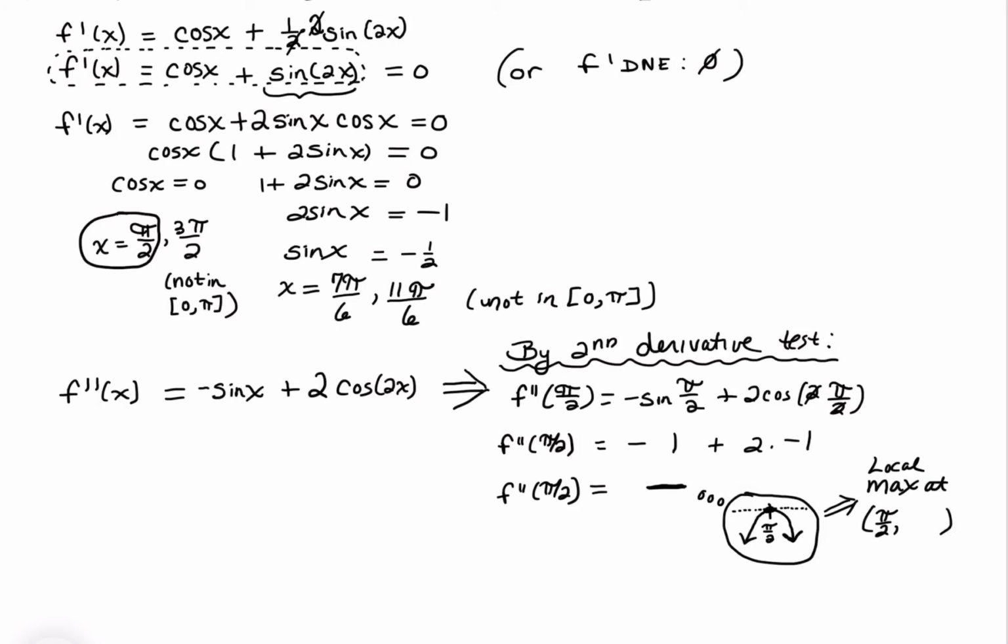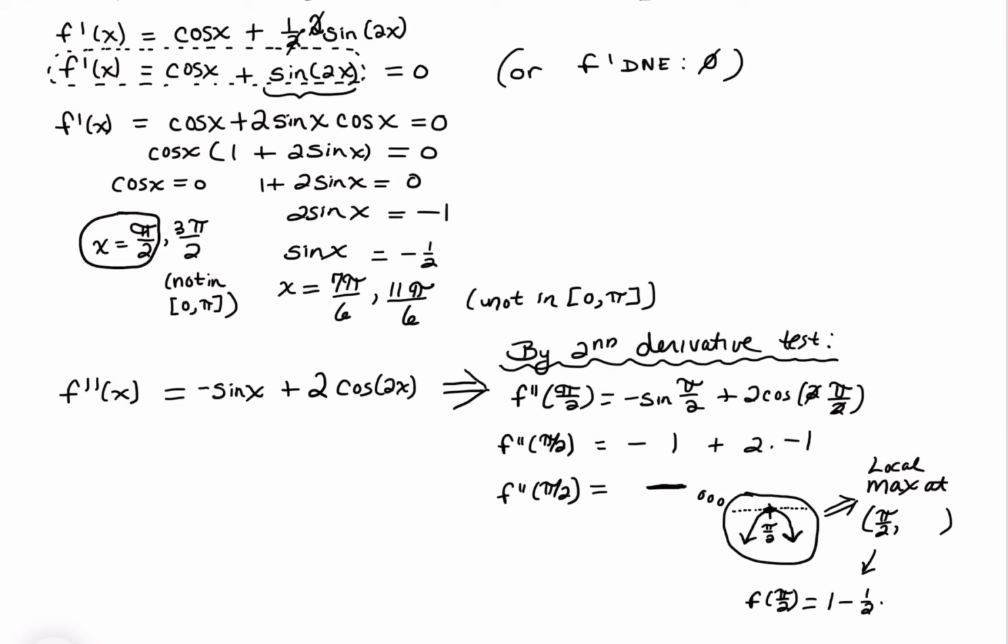Now, if you want to know what the y-coordinate is, that always requires us to go back to the original function. So we would have f of pi over 2, which is sine at pi over 2, which would have been 1, and then minus 1/2 times the cosine at 2 times pi over 2, so the 2's would reduce.